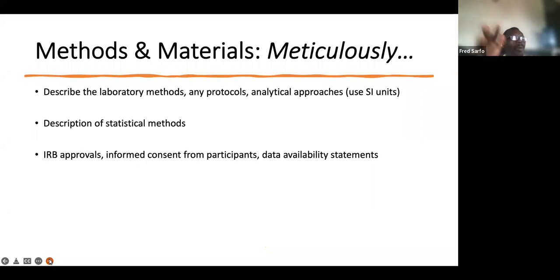Blay, maybe you can correct me when it's your turn on some of the things I'm saying. And then you also want to compare proportions with chi-square tests. So these are the things that, when you're writing your paper, must be clear in the statistical methods.